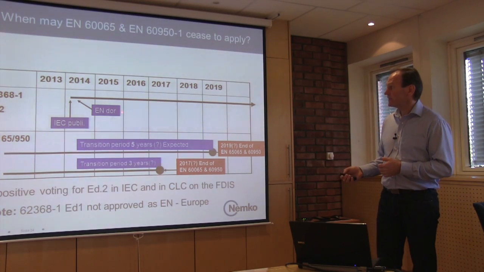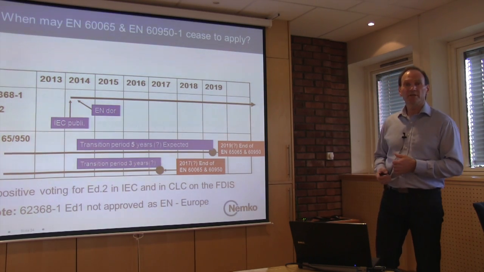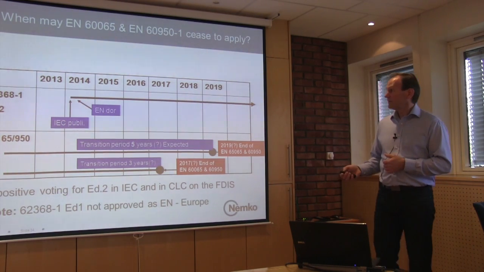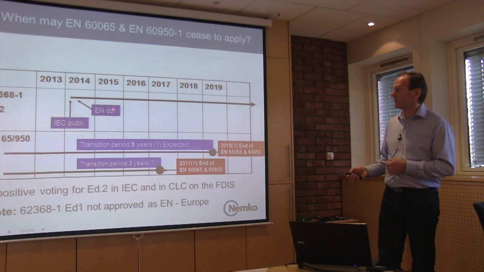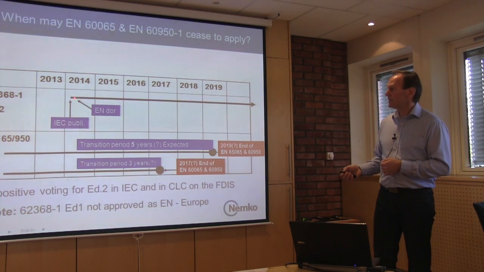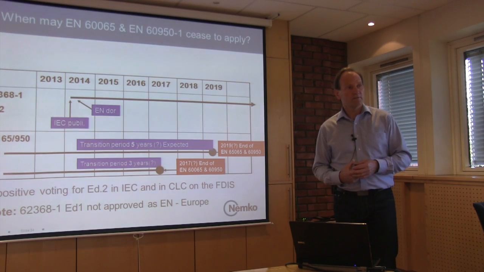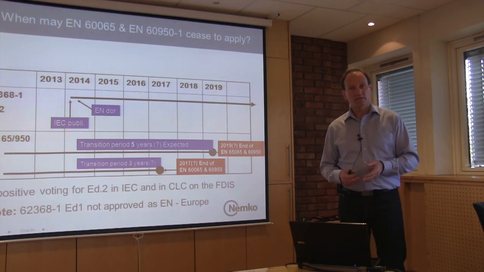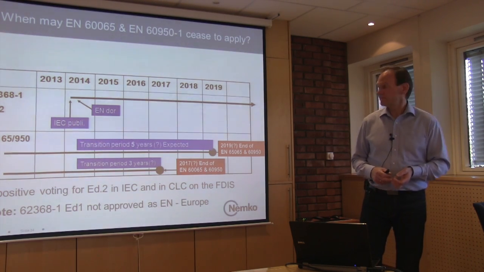So the date of ratification in Europe will be a few months after the IEC, and the date of publication is normally 1 year after the date of ratification in CENELEC. So that means the date of publication will be in the middle of 2015, which is the latest date the standard has to be implemented as a European standard.